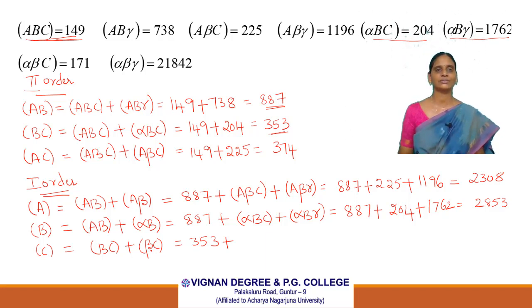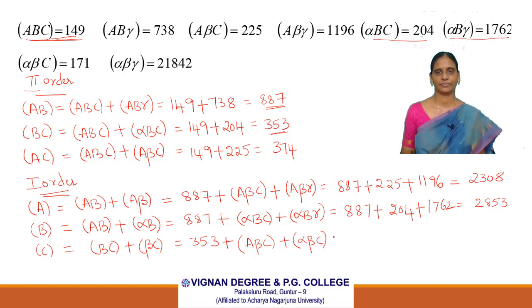This second order class frequency can be expressed into third order terms. So that is frequency of beta C can be represented in the terms of third order like this. Frequency of A beta C plus frequency of alpha beta C, and this is equal to 353 plus A beta C value.